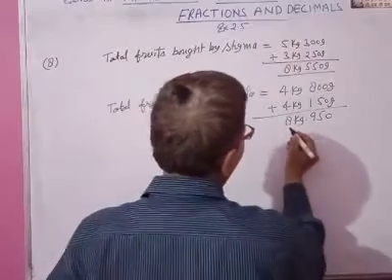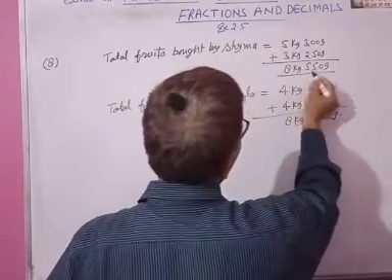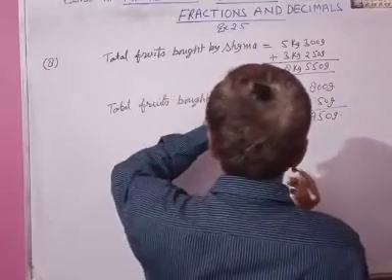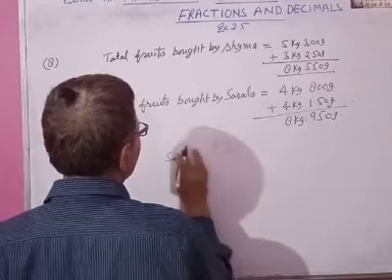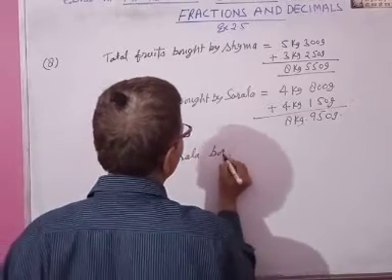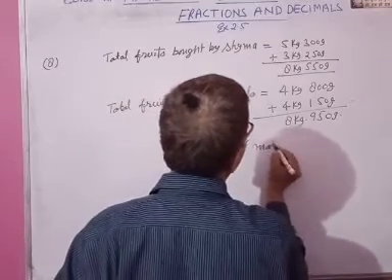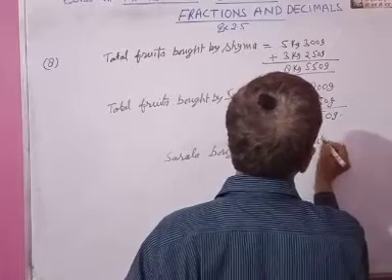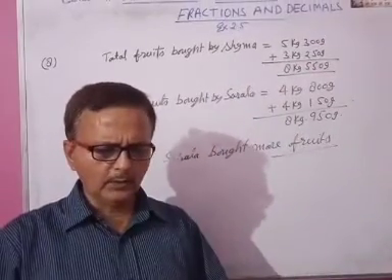Since 8 kg 950 gram is more than 8 kg 550 gram, so Sarla bought more fruits.